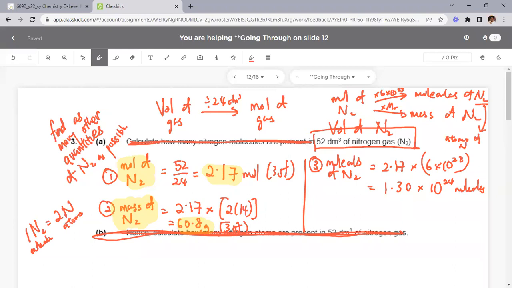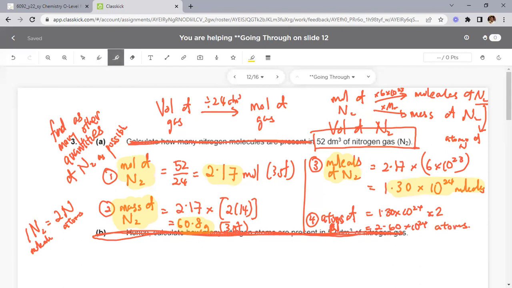So if I've got 1.3 times 10 power 24 molecules, which is the third quantity that I have already, I'm going to calculate now my final and last quantity, which is atoms of N. This will be 1.3 times 10 power 24 multiplied by 2. I get 2.60 times 10 power 24 atoms of N.